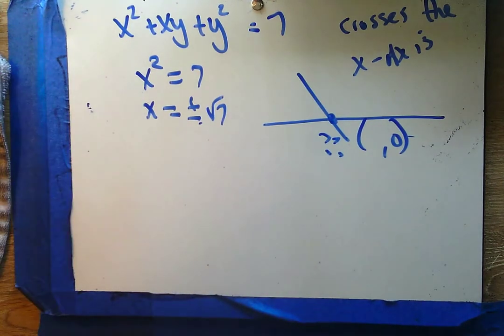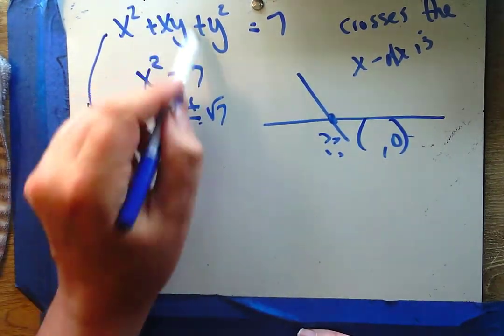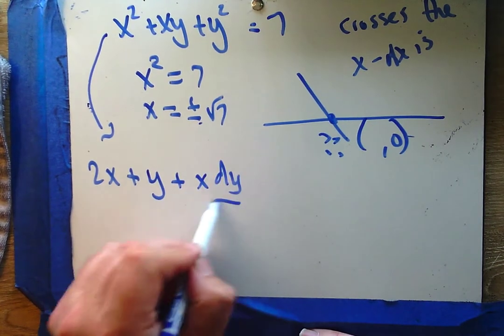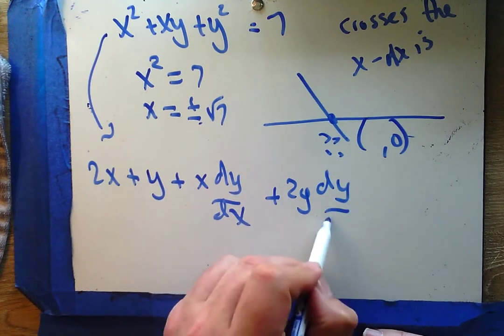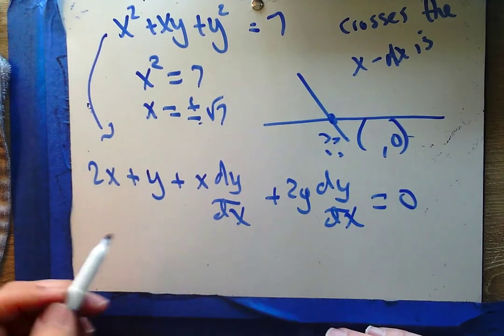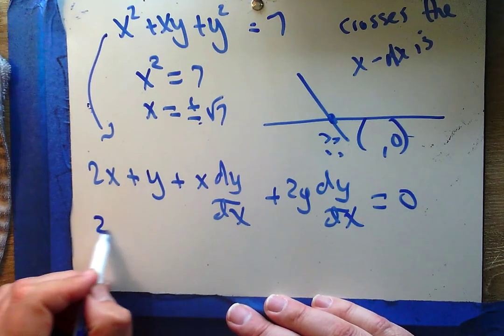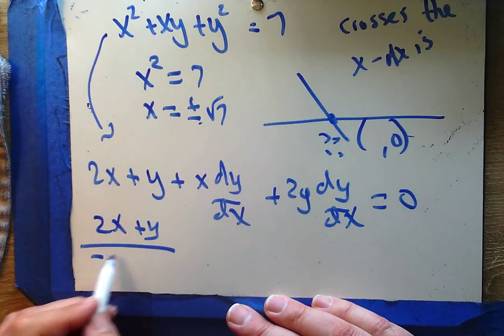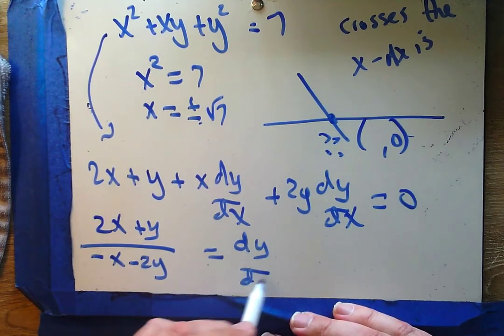We're going to have 2x plus product rule, y plus x dy dx plus 2y dy dx equals 0. So I know that 2x plus y over negative x minus 2y equals dy dx.